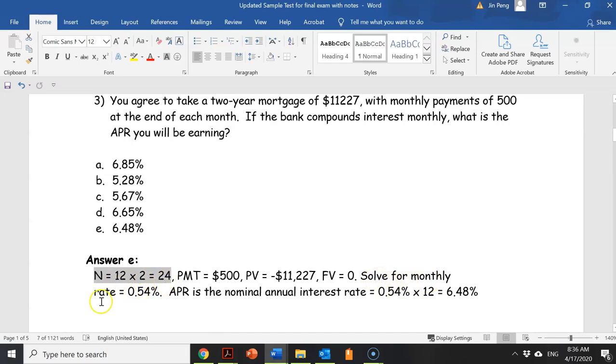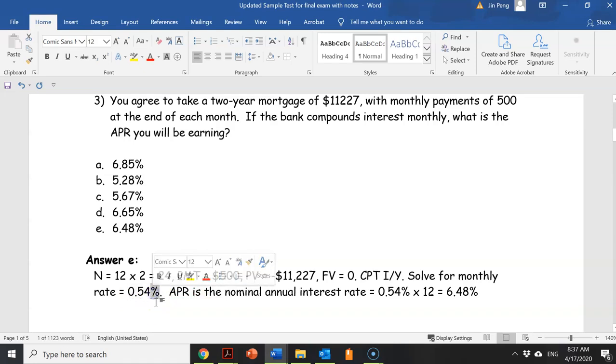And we solve for the monthly rate. We input all the other 4 variables and compute for I/Y. So we can solve for the monthly rate, and it would be 0.54 on the financial calculator.